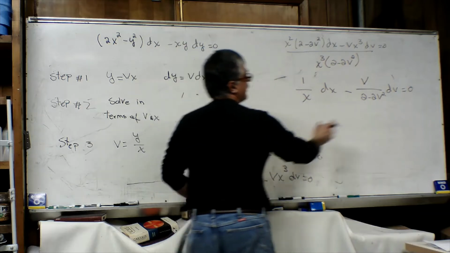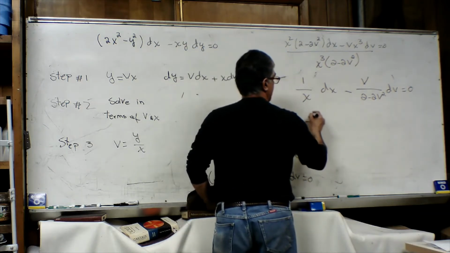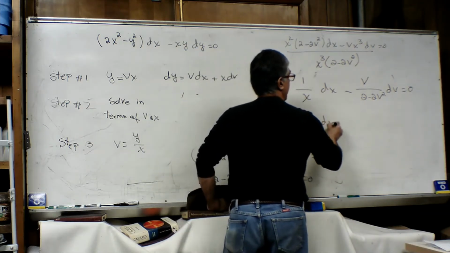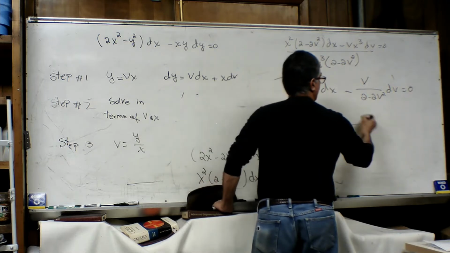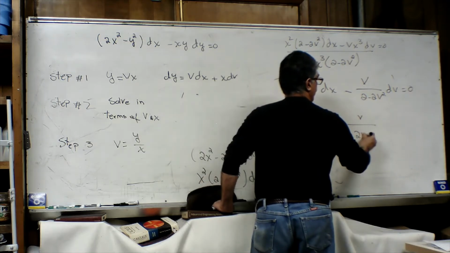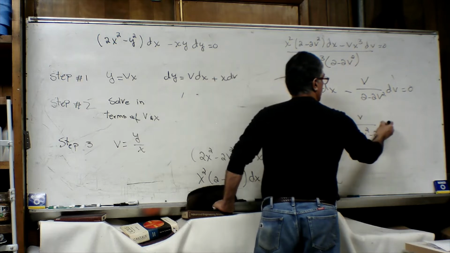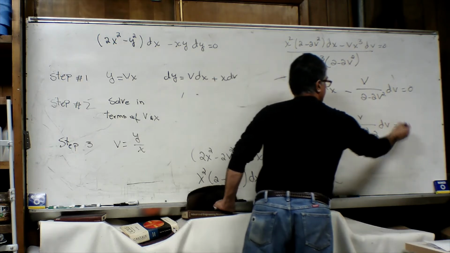So let's rewrite this as 1 over x dx plus v divided by 2v squared minus 2 dv is equal to 0.